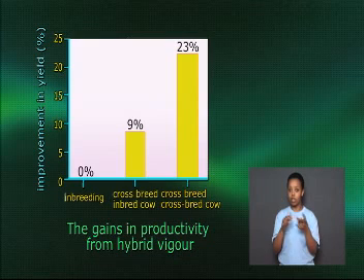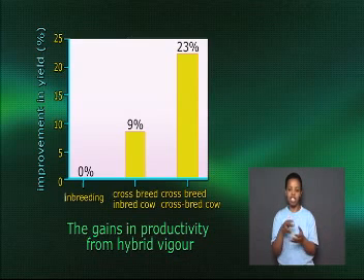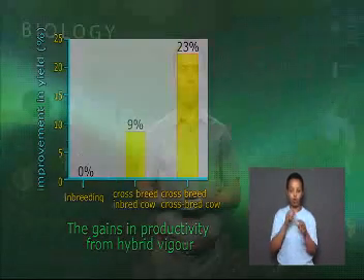It should be noted that the extra performance is largely the recovery of production losses through inbreeding. Inbreeding describes the practice of breeding together animals or plants that are closely related. This is frequently done in livestock production.